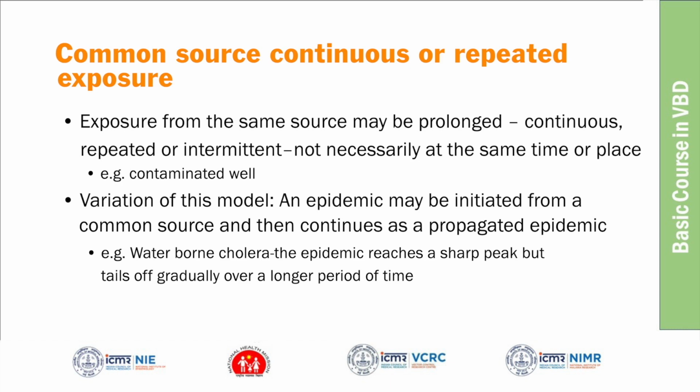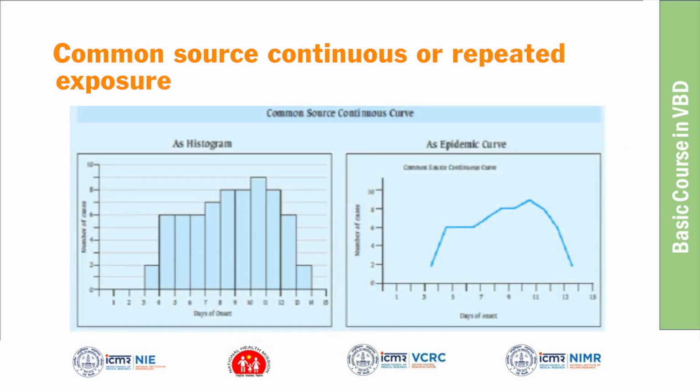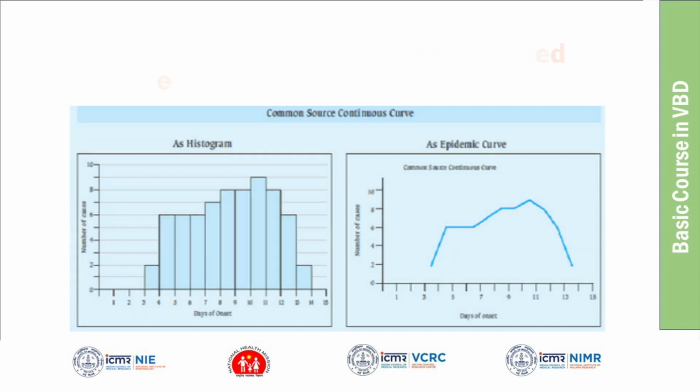Anyhow it is a waterborne disease, it might be a common source initially, but after a person is affected, that person can transmit the disease to n number of persons. So it becomes a propagated epidemic. So this is the epidemic curve drawn for common source continuous or repeated exposure. Now you can see the difference between the point source and the repeated exposure. Here we cannot see any single peak or any sudden disappearance. So it will be a continuous process.